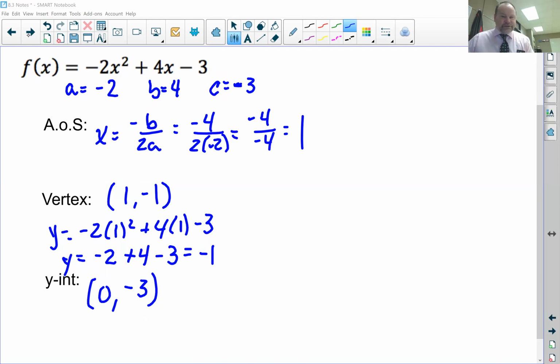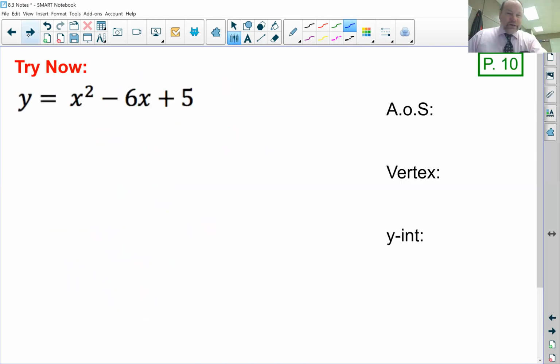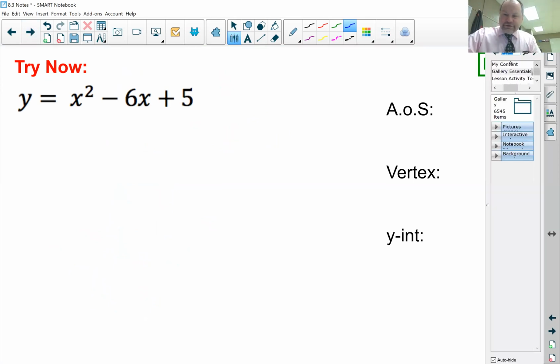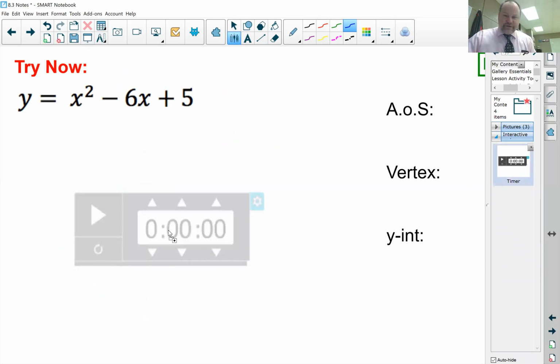All right, go to the next example. So this one's for you to try. I'll give you just a couple of minutes, and then we'll take a look at answers. So we have the standard form equation, x squared minus 6x plus 5.